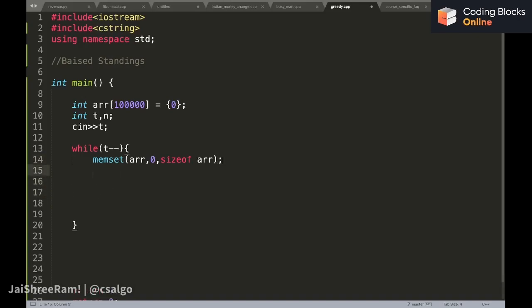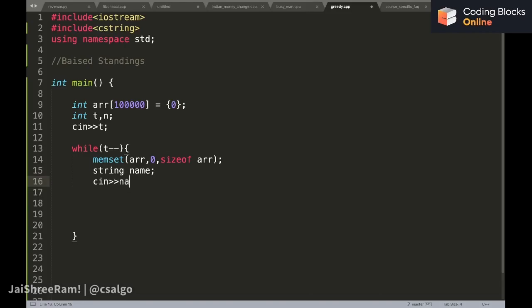After that, for each test case we can take input the name of the team and the rank that particular team is expecting.